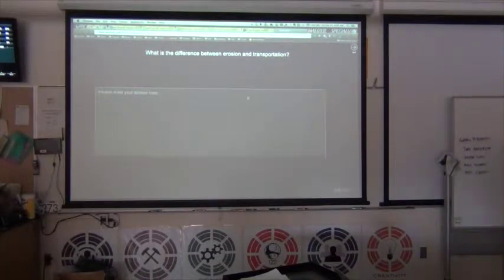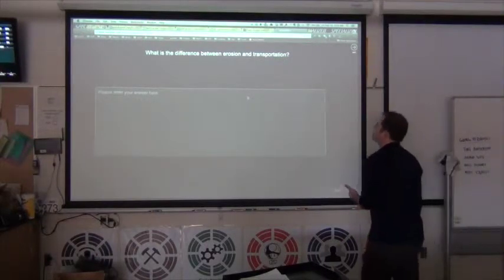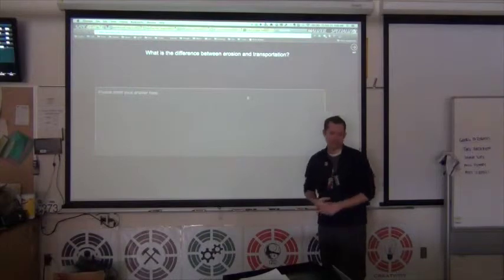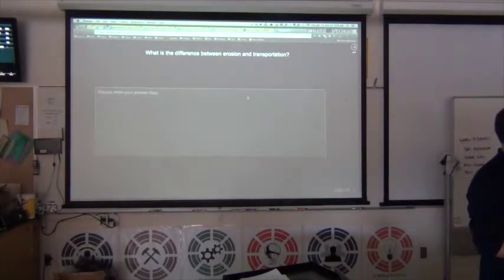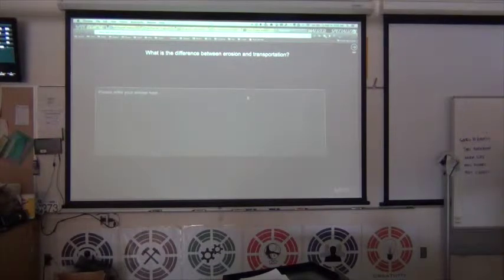I'll change it for the next class to make sure I get it right. But this is a good question. What is the difference between erosion and transportation? They are the same thing.